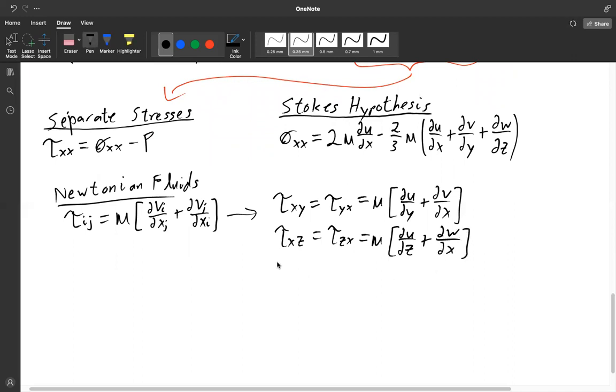And lastly, tau yz equals tau zy equals mu times partial v partial z plus partial w partial y. And for the x momentum, we don't necessarily need this last identity, tau yz or tau zy.